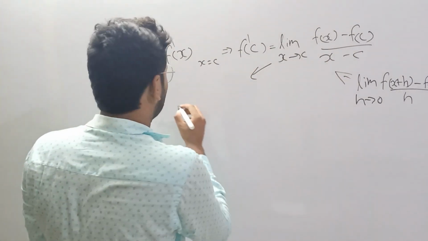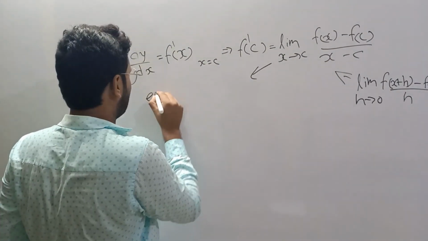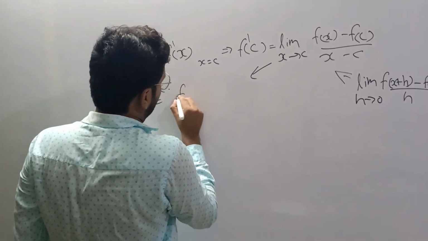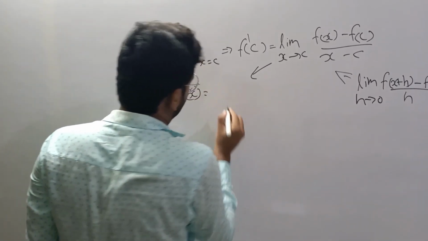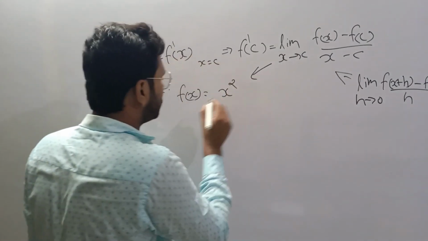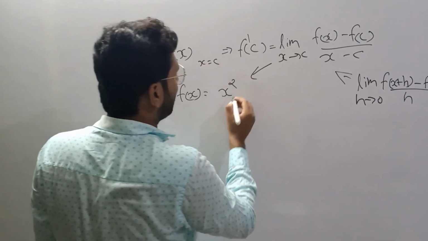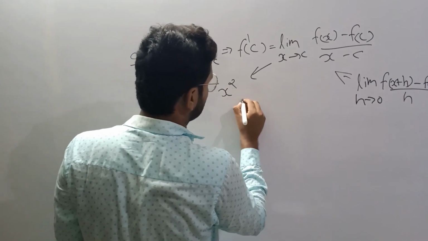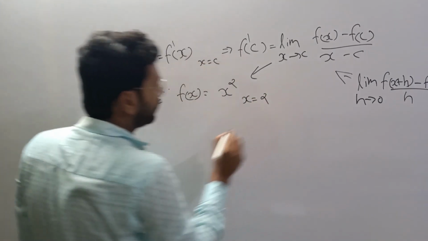First of all, let us take for example f of x is equal to x square, at x equals 2.